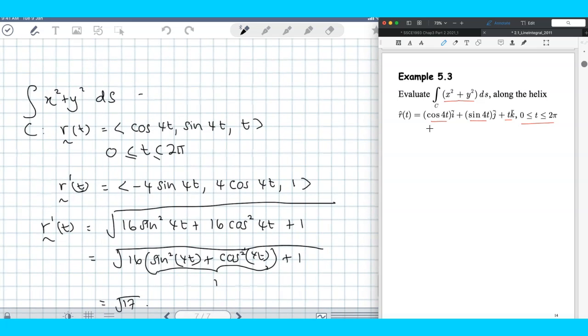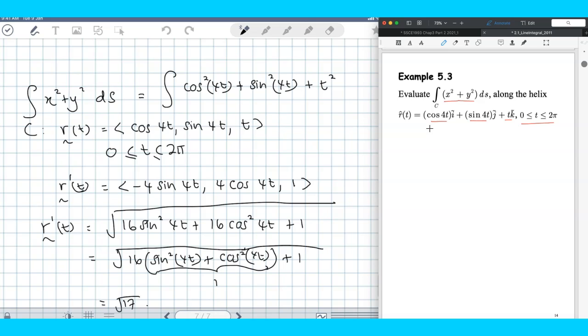Okay, and then we can find the definite integral in terms of t, where you have to obtain x squared plus y squared. So x squared is cos square 4t plus, y is sine 4t, so sine square 4t.